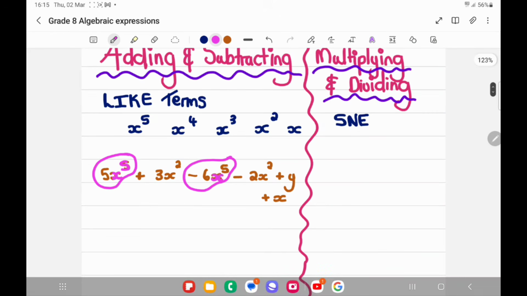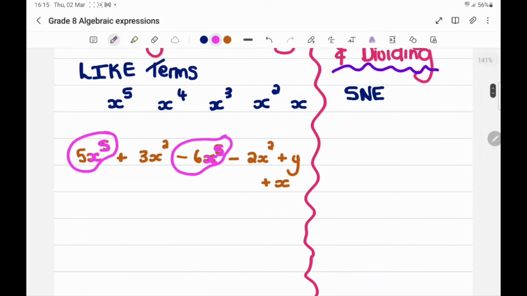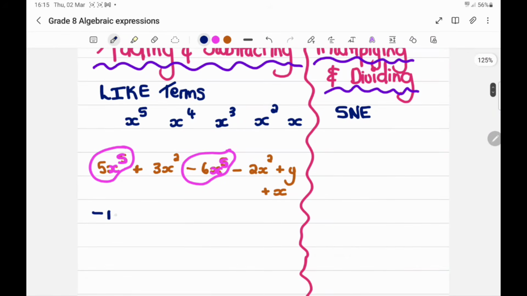So 5 of those minus 6 of those. 5 minus 6 is negative 1 of those. So 5 of the x to the power 5s minus 6 of the x to the power 5s gives you negative 1 x to the power 5. If you want to, you can pop it in your calculator just to make sure. You can just leave the x to the power 5 out: 5 minus 6 gives you negative 1, and then replace the x to the power 5 into your answer.